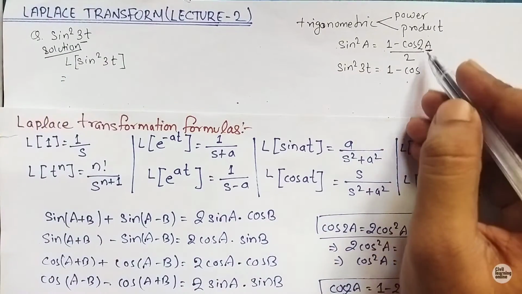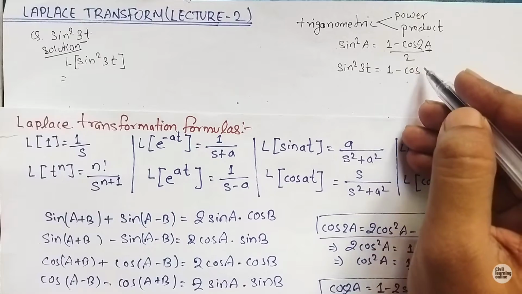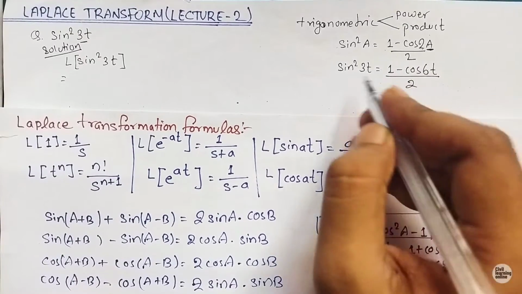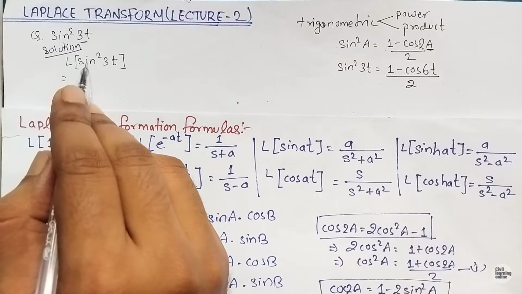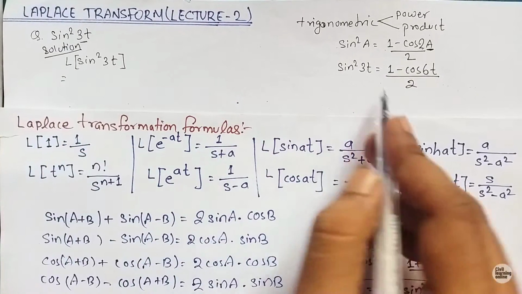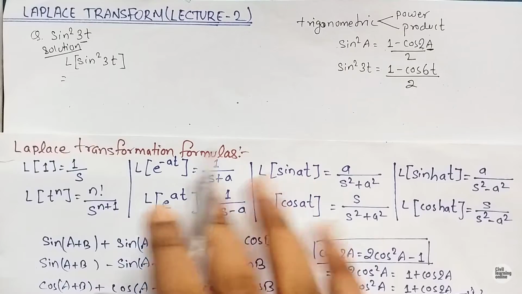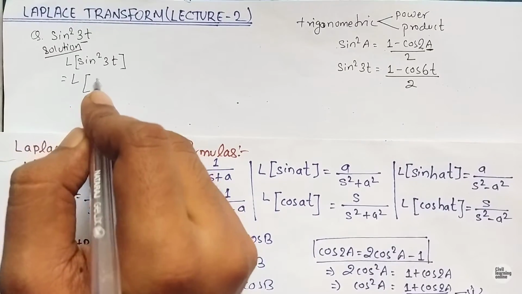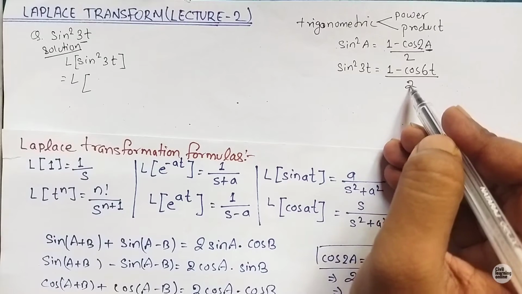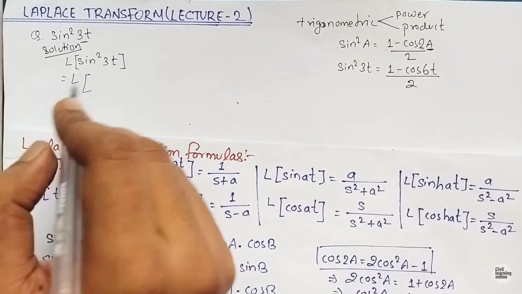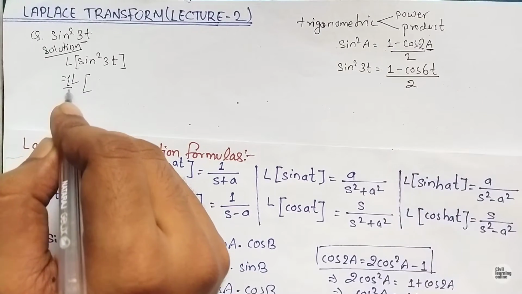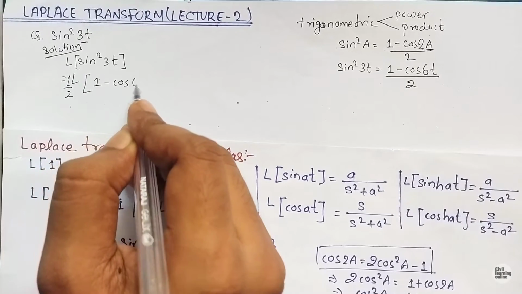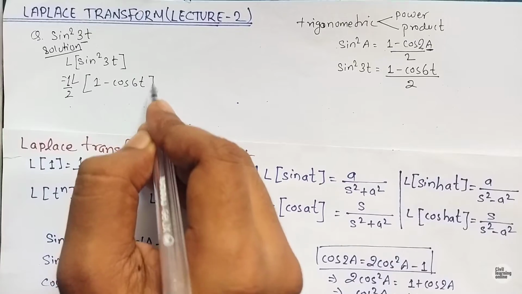This is our formula for converting sine square 3t, for removing the power. So Laplace transformation of sine square 3t is equal to the Laplace transformation of this; 1 upon 2 is a constant, so we will bring it outside. So 1 upon 2 Laplace transformation of (1 minus cos 6t).